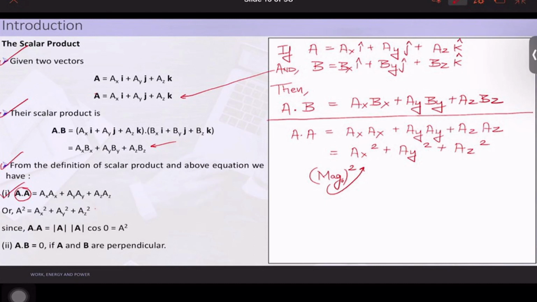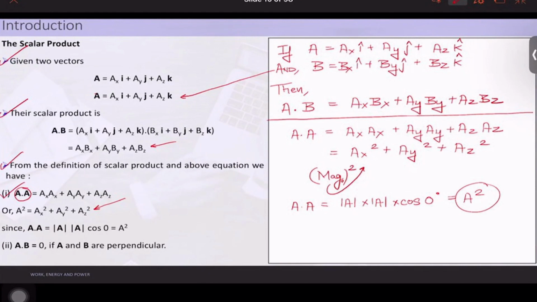Clearly? So therefore, what we can say is that A dot A is equal to magnitude of A into magnitude of A into cos of 0 degree, because the angle between them would be the same. This is also equal to A square. This is how we denote the square of the magnitude.